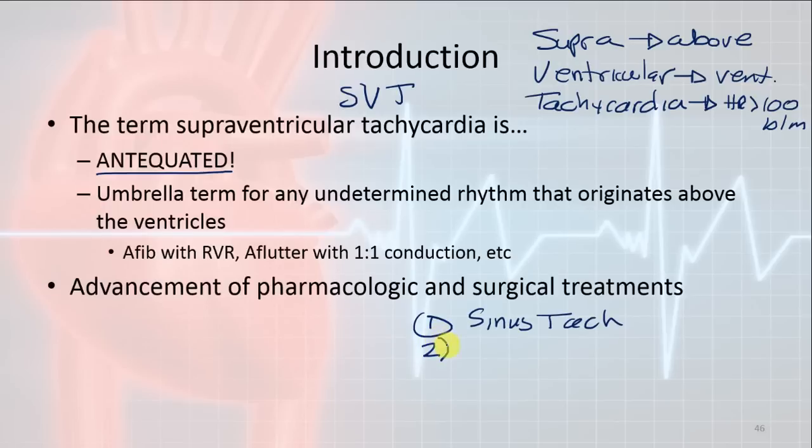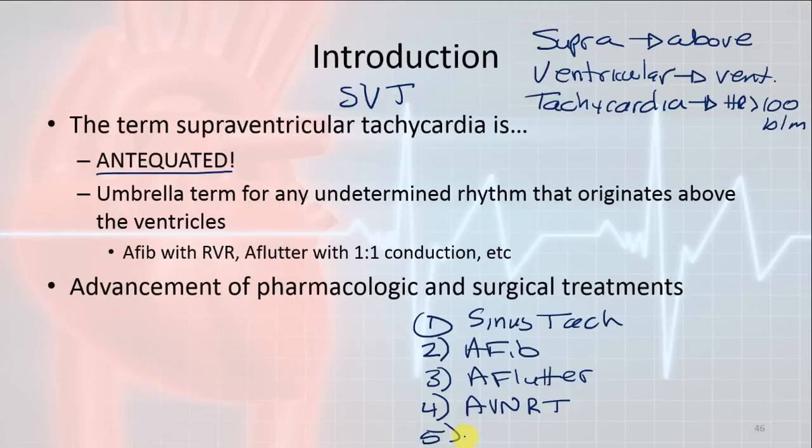The second most common SVT is atrial fibrillation. The third most common SVT is atrial flutter. The fourth most common SVT is what we're talking about right now, AV nodal reentry tachycardia.